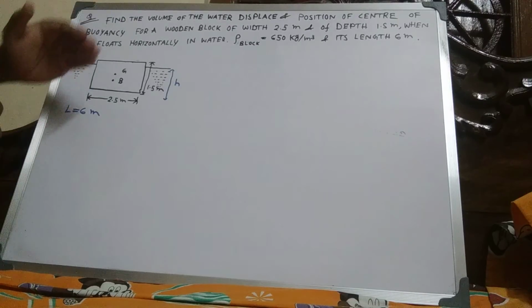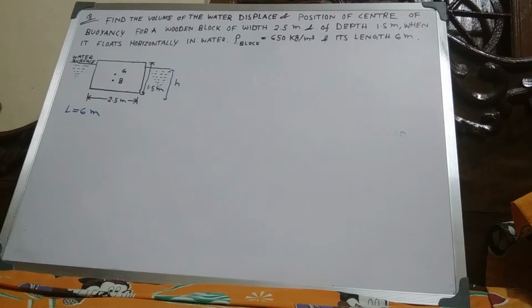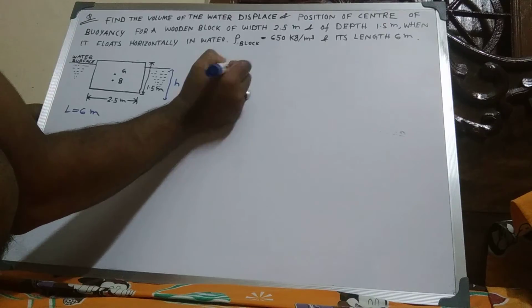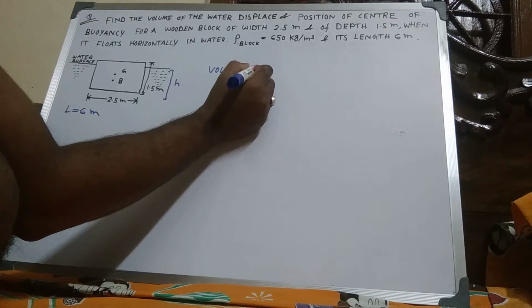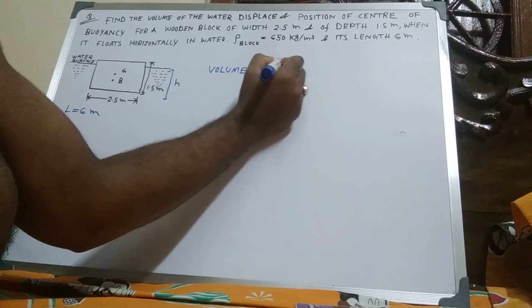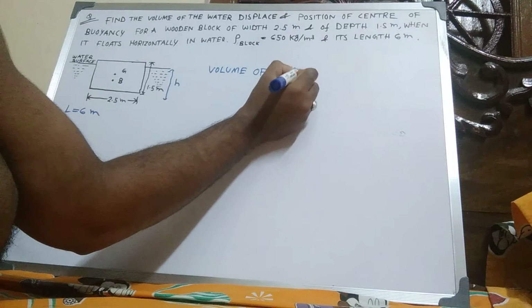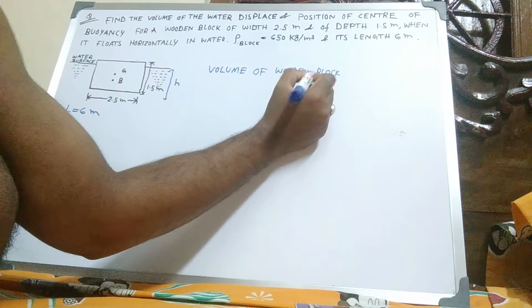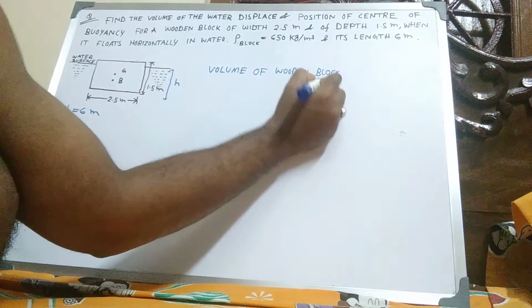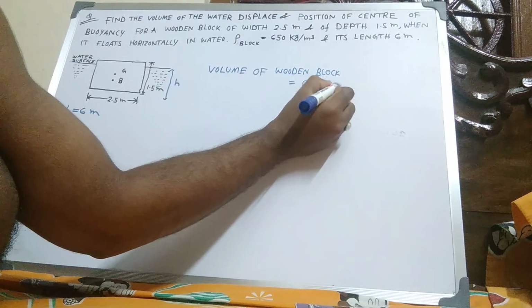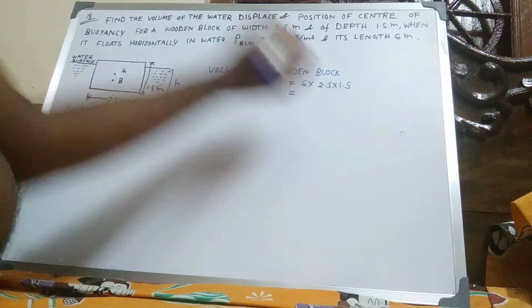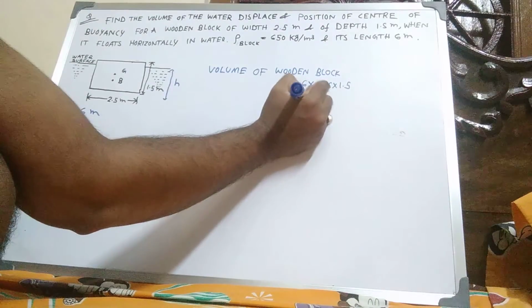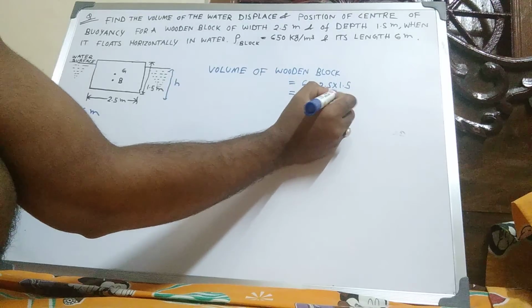It floats horizontally in water. Now first, the volume of the wooden block is length into width into depth, which is 22.50 meter cube.